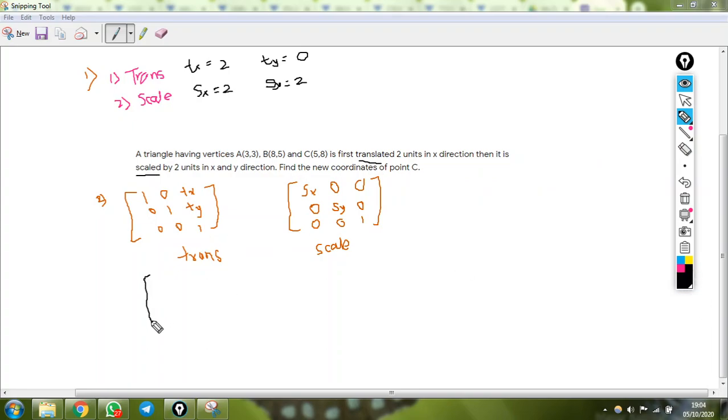So here we get 1 0 tx, so instead of tx we'll put the value 2: 1 0 2, 0 1 0, 0 0 1.